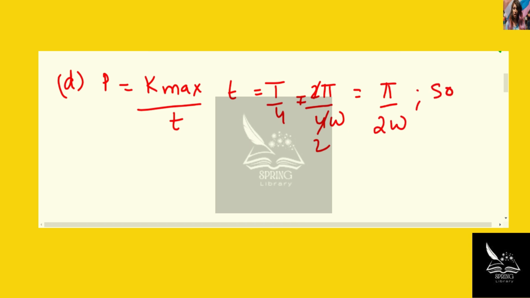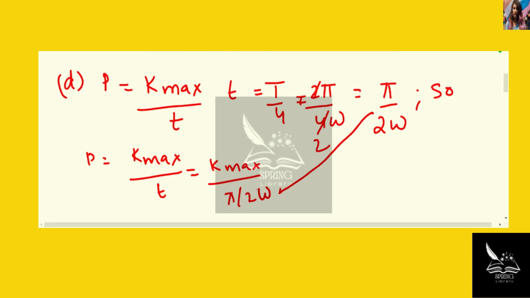So P equals K max upon T, which is K max upon pi upon 2 omega. From here itself we are bringing this. Understood this much? What we have done?